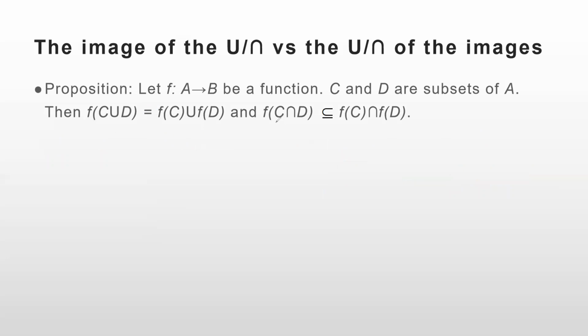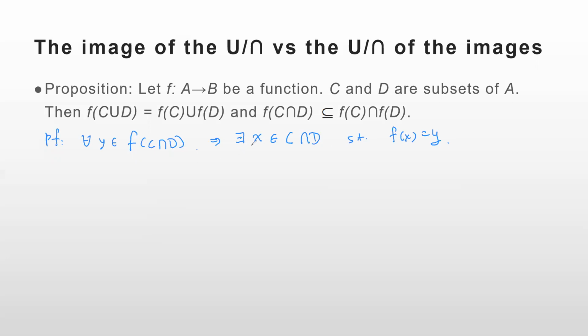All right, so let's look at the second statement. We do the similar thing. For every y in the left side, we can conclude that there exists x in C intersect D such that f of x equals y.